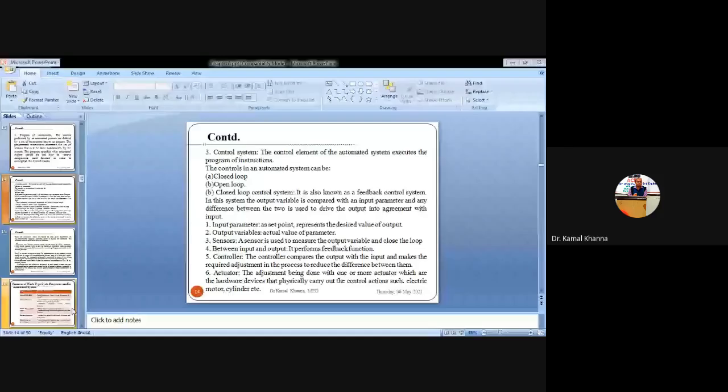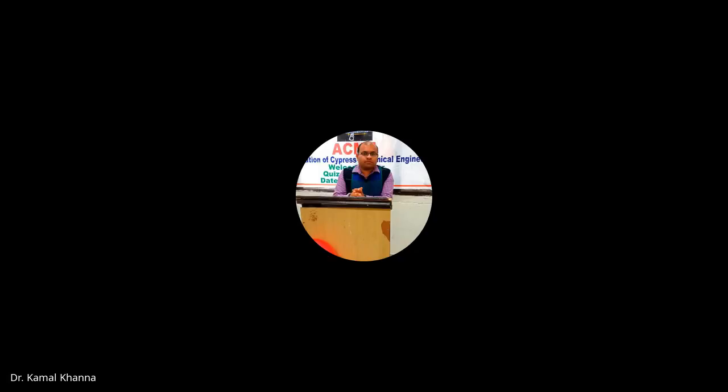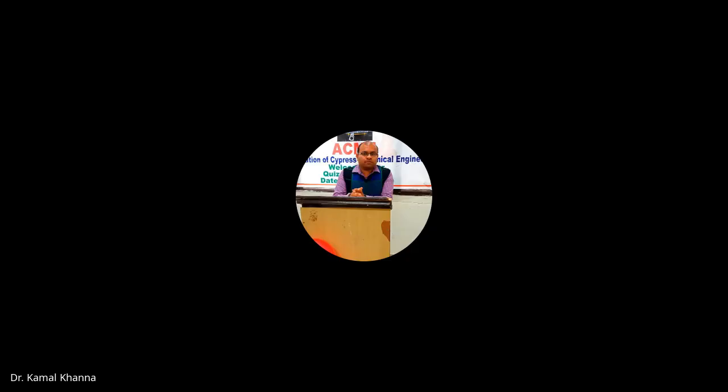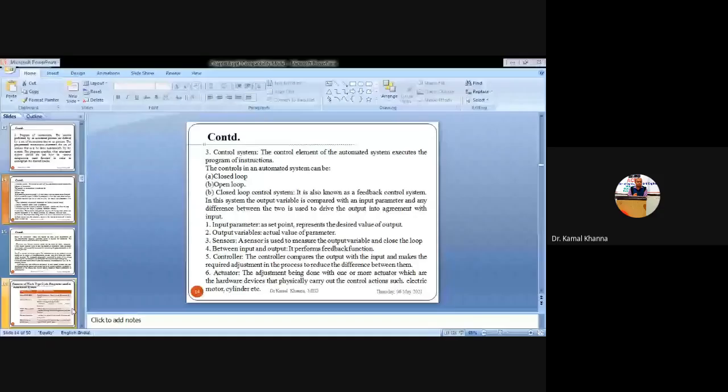There may be, in the sequence of operations, any operation which requires more lubrication, more cutting speed, or less feed rate. All these may be controlled by a set of instructions, but the execution is only possible by the skilled worker. So this control system is basically the execution portion, the element of the automated system.